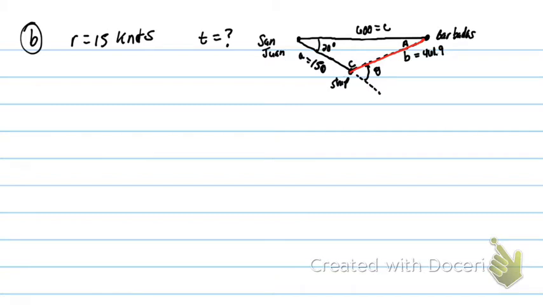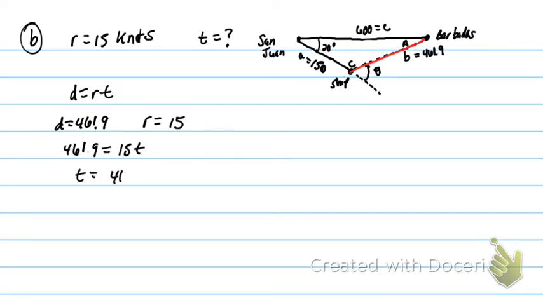Make sense? So how do you get time? Well, we know distance is what? Rate times time. We know the distance we need to travel already. The distance is what? 461.9, correct? We know the rate is what? 15, and now we're going to get the time. Make sense? So we'll have 461.9 equal to 15t.